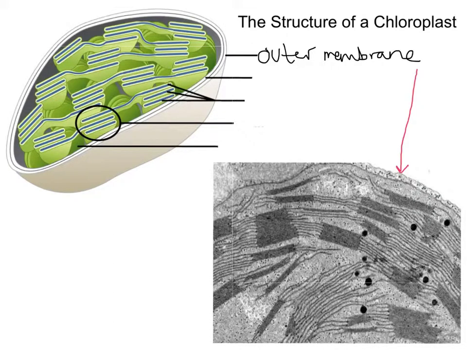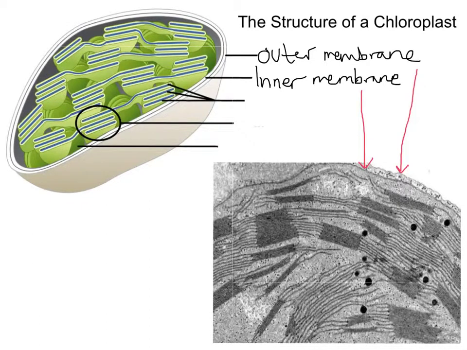Now clearly we've got an outer, which would imply that we have an inner, and the inner membrane is this one that we have labelled here. So our inner membrane, you might be able to see, is that one just a little bit inside there. Now the inner and outer membrane together form what we call a chloroplast envelope. So there's two membranes form what's called chloroplast envelope.